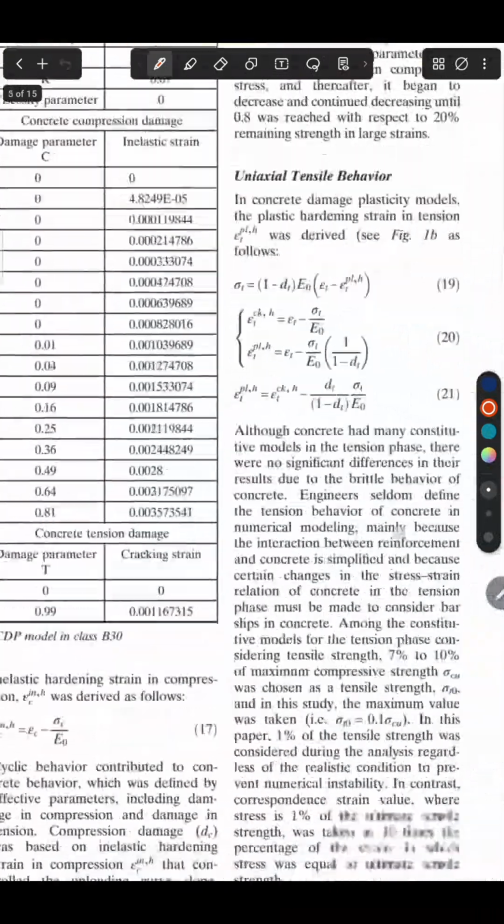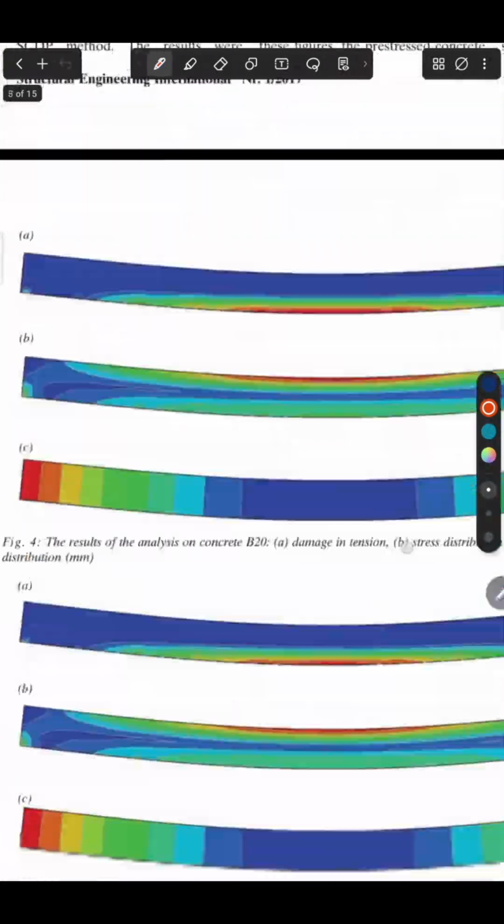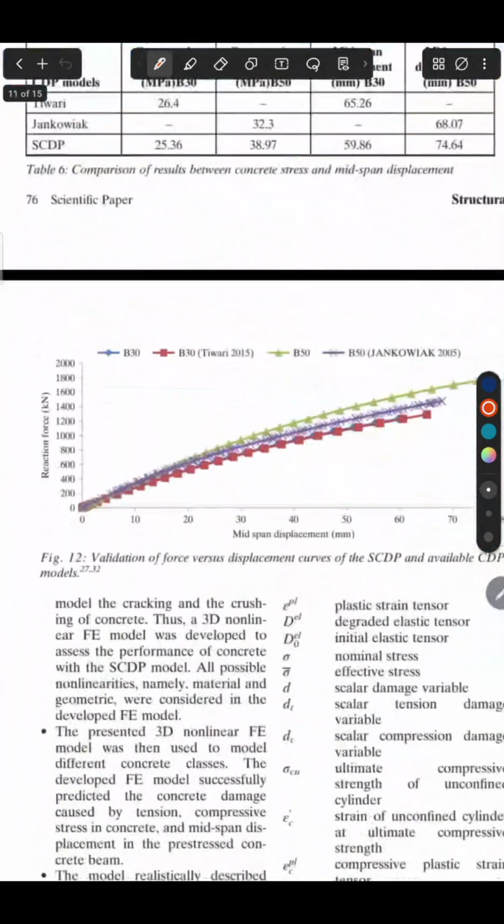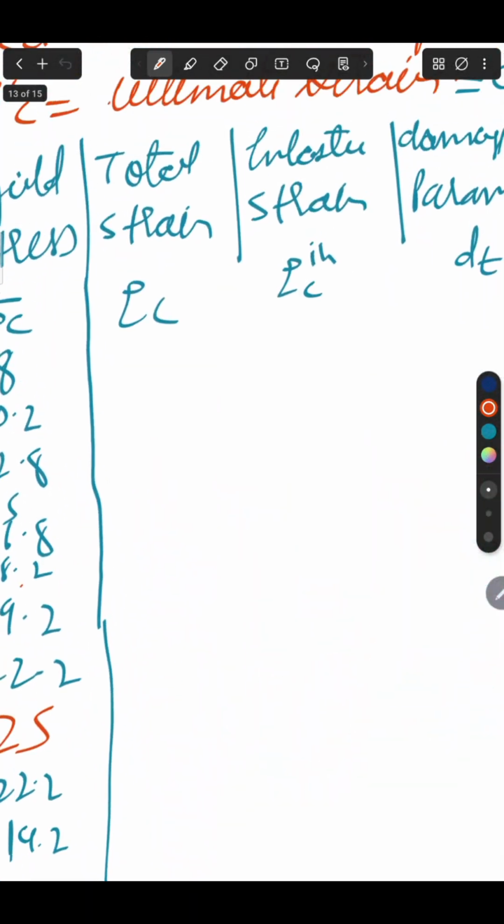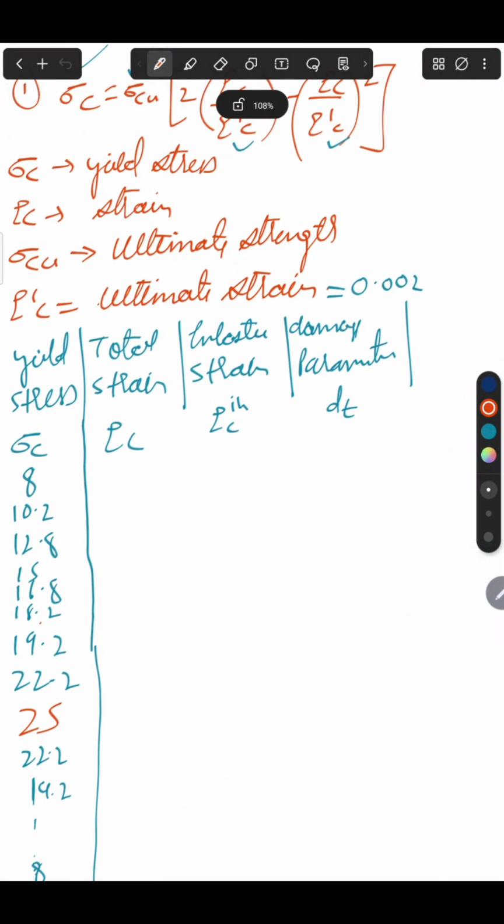So now let's get back to our table. Here we got two values, x1 and x2.